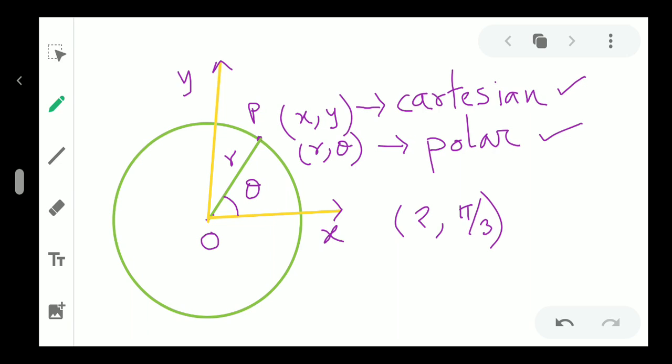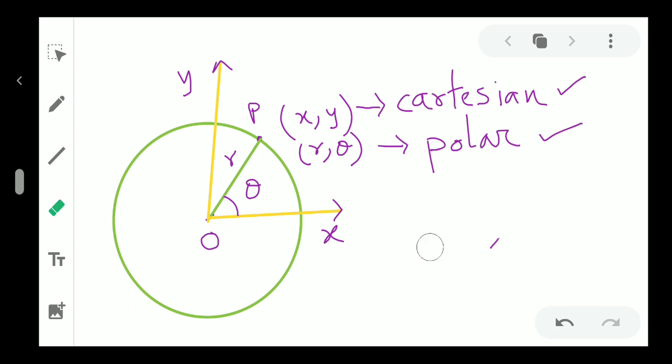From my point O, my radius will be 2, and then I have to move pi by 3 angle from the horizontal to get the point. In this way, you can easily locate that point.